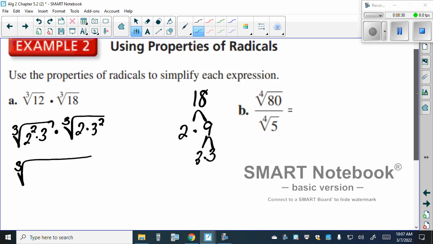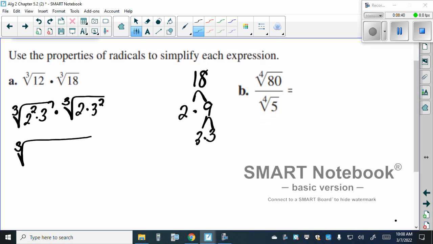Now our product property states that we can multiply these together. Well, if I multiply 2 squared by 2, I'm going to have what? 2 to the third. Because when we multiply like bases, we add the exponents. And 3 times 3 squared would be 3 cubed.